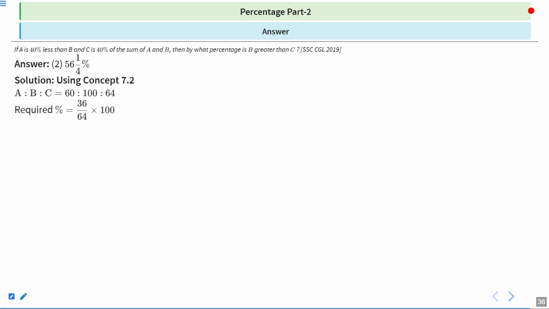Now the required percentage will become 36 upon 64 multiplying by 100, because the question is, by what percent is B greater than C? So it will become 36 upon 64 multiplying by 100, which is equal to 56 and 1 by 4%. Second is the correct answer.